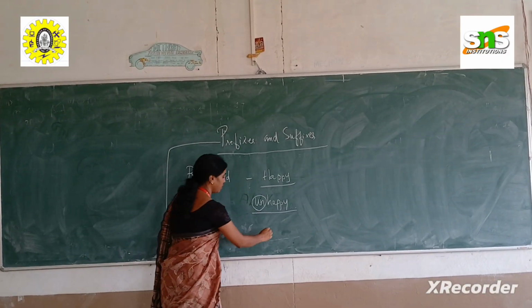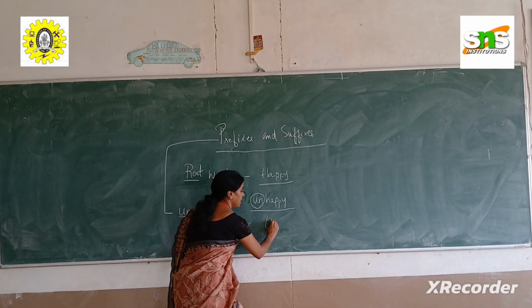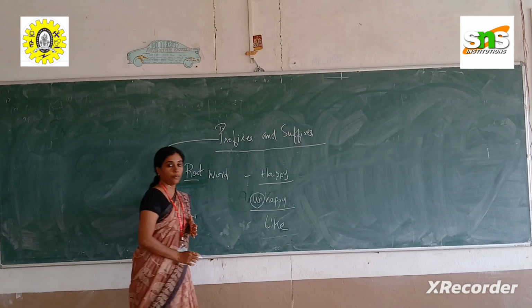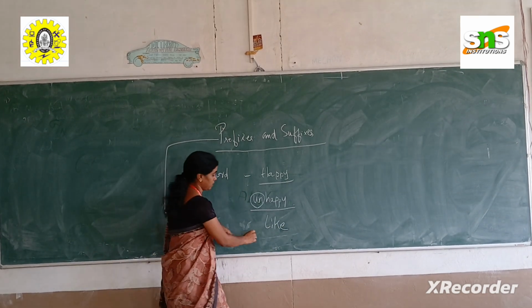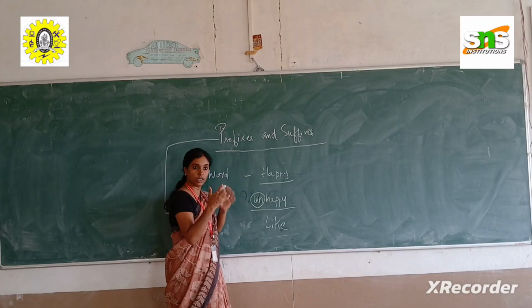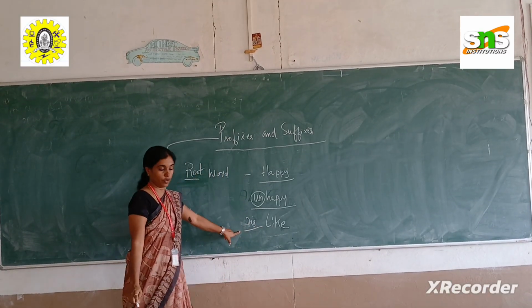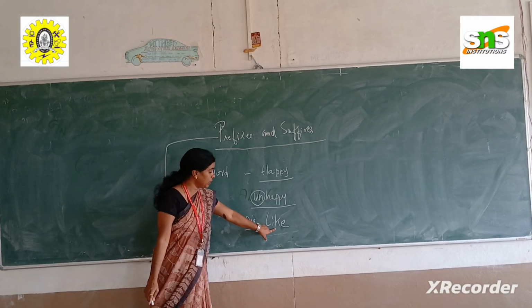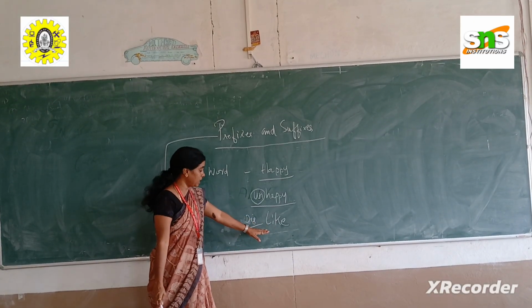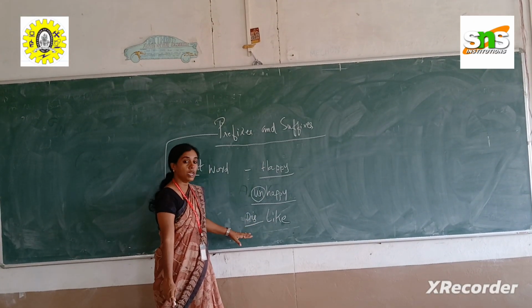I'll give you another word, for example, like. When I add a prefix to this root word, a change of meaning happens. Like becomes dislike.